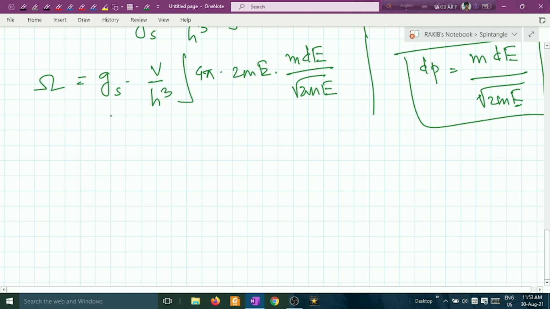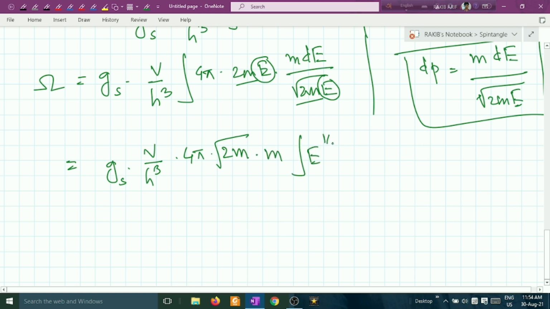Now solve this equation. How to solve it? Everything is constant except E. Here is an E and here is an E to the power half, so it becomes E to the power half inside the integration, and all the other terms will be taken out of the integration. g_s times V upon h cube, here is a 4 pi, there is a root over 2m term, times m, integration E to the power half dE.